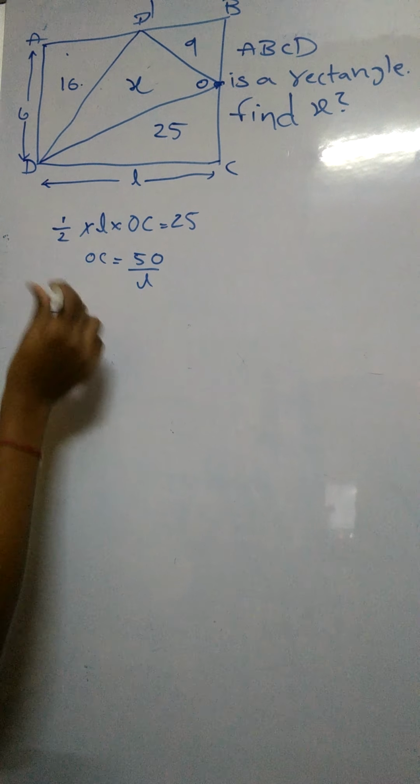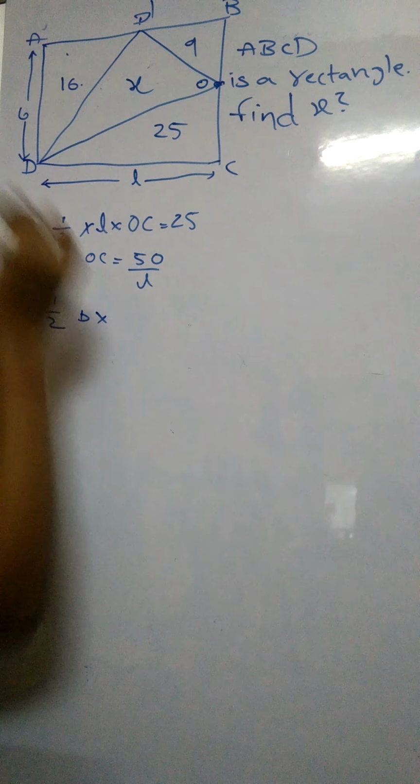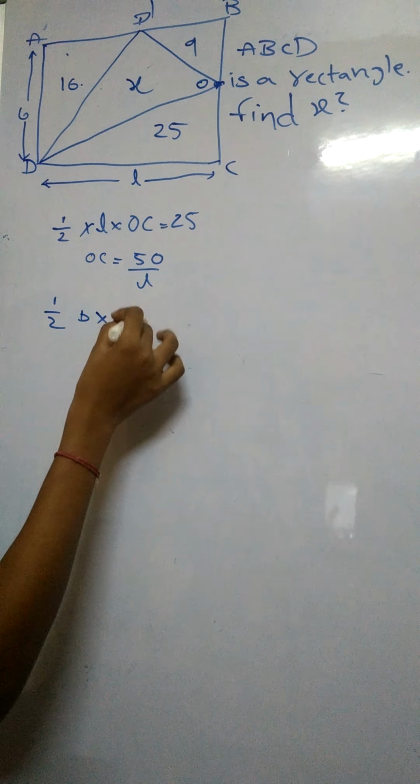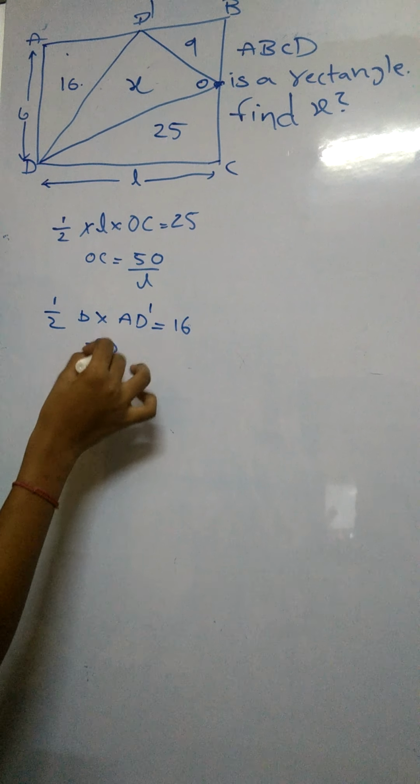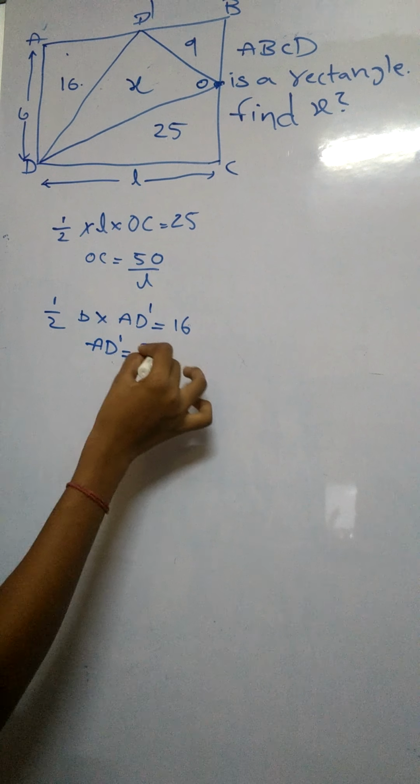Half into B into AD dash is equal to 16. Assume AD dash as 32 by B.